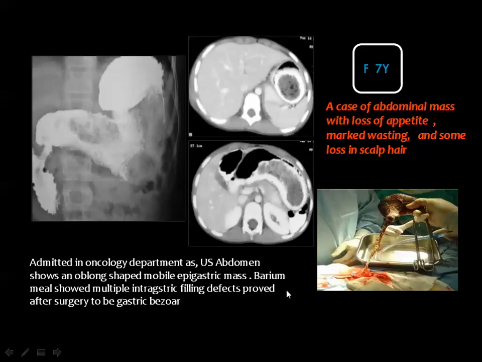With a barium meal, you get a mobile mass within the stomach. If you have a CT scan, you see the mass and you can also see air within the meshes of the mass itself. These masses are usually treated by surgery because they are big and cannot be removed by endoscope. So you open the stomach and remove masses like this.